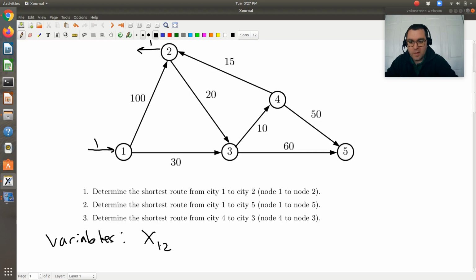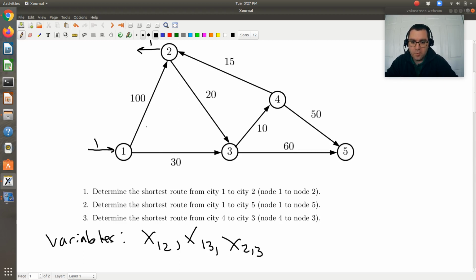And so I'm going to use x, and then my subscript 1 will be my starting point, 2 will be my ending point. So I'll have a variable x12 if I try to take this route from 1 to 2. I'll have x13. So if I go to node 2, I already counted 1 to 2, I'm going to have 2, 3.